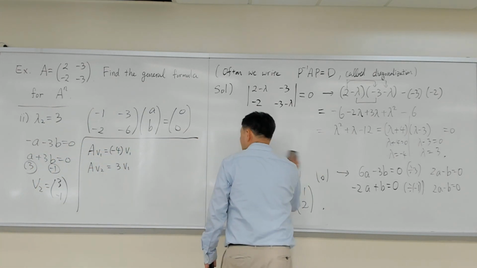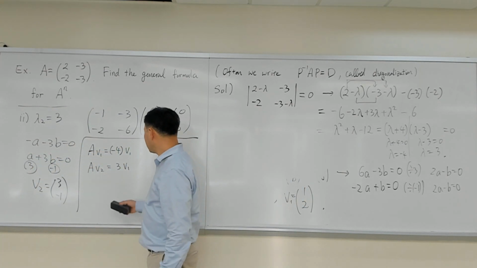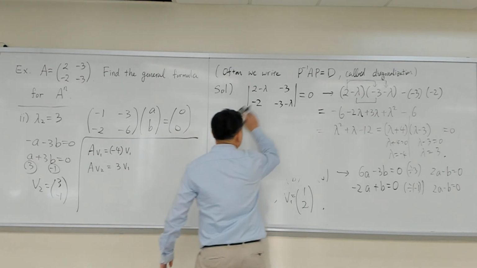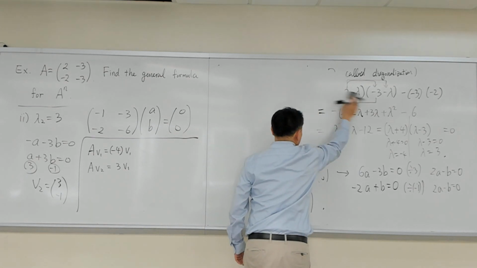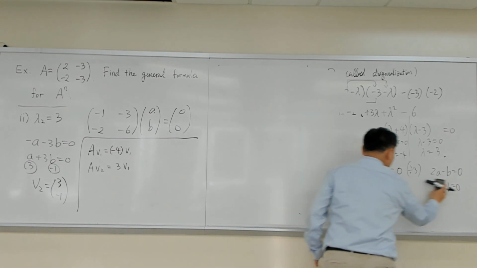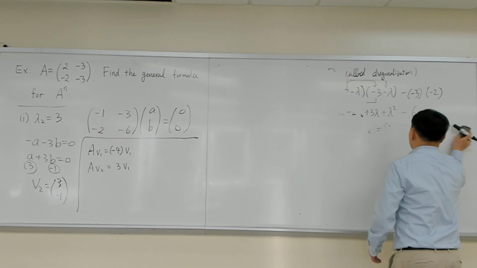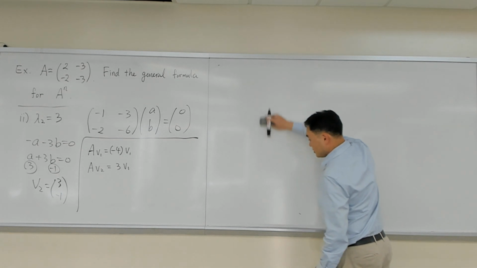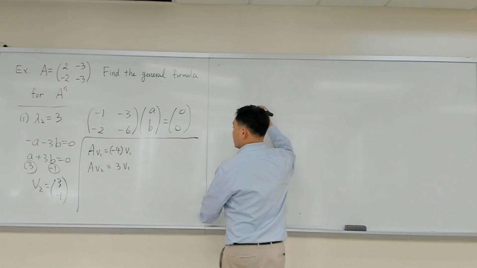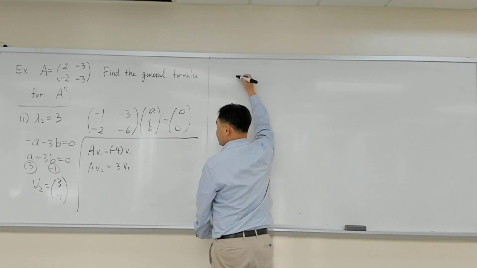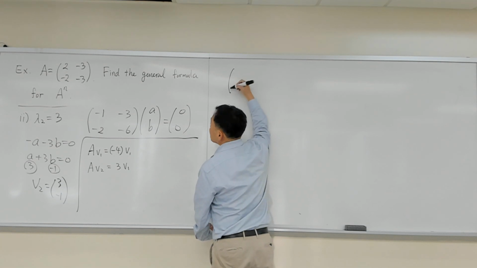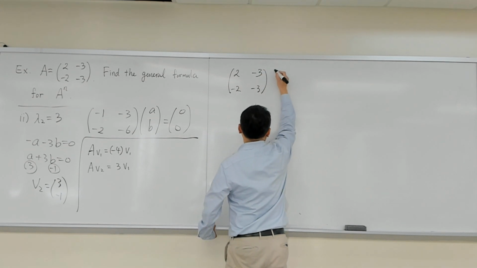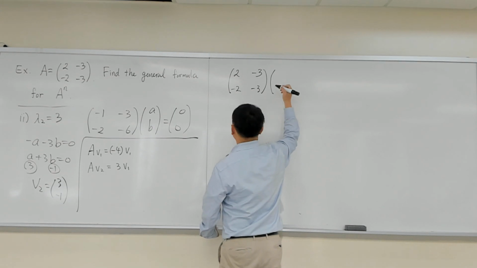Now, let me rewrite this. I write it right here again. Okay. So we have 2, -3, -2, -3 times V1, I erased V1.